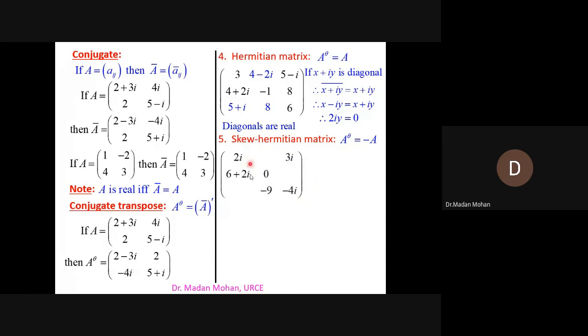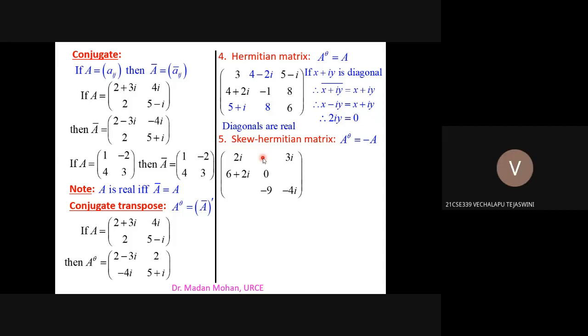Now, it is a skew Hermitian matrix given to you. Fill these gaps. What is this element, so that it is skew Hermitian? 6 minus 2i? Wrong.